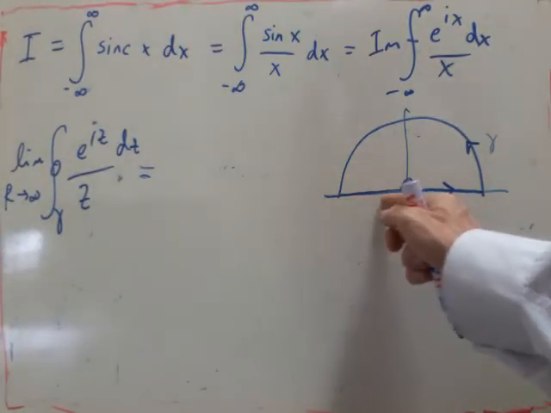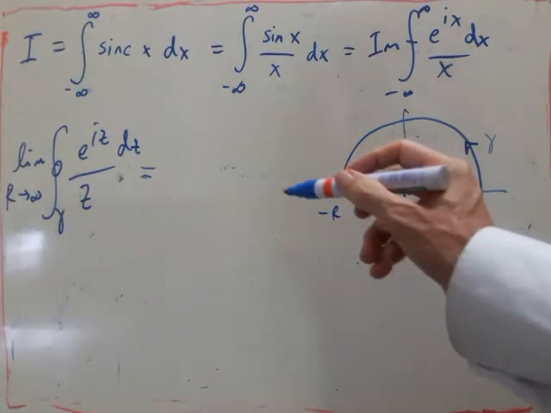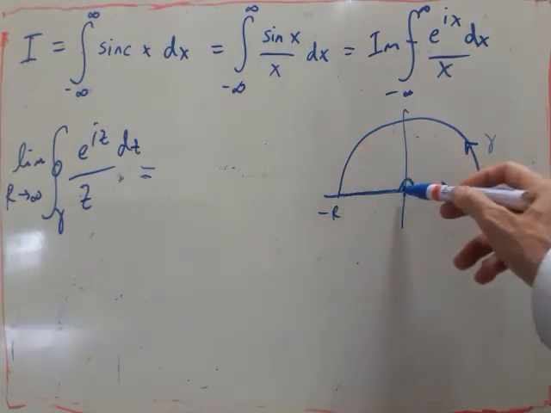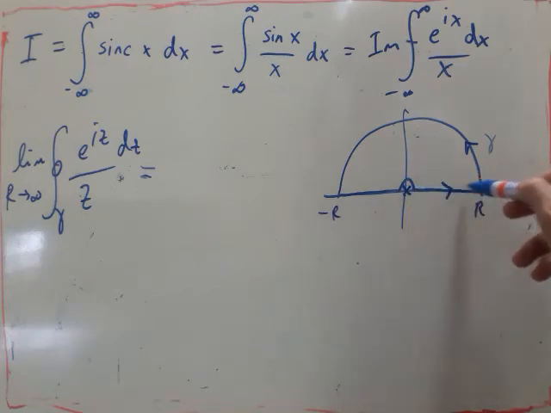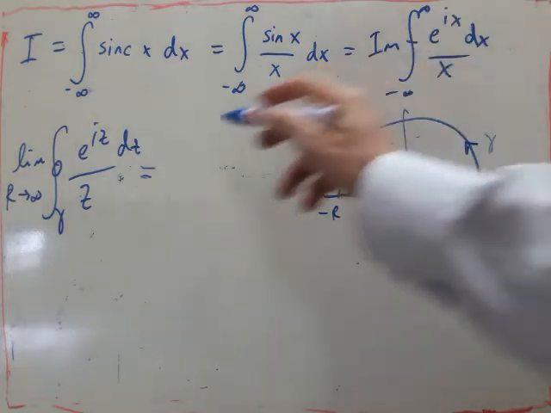Now along here, if we take the limit as r goes to infinity, integrating basically through a simple pole gives us the principal value. So this is precisely this integral here that we're getting.